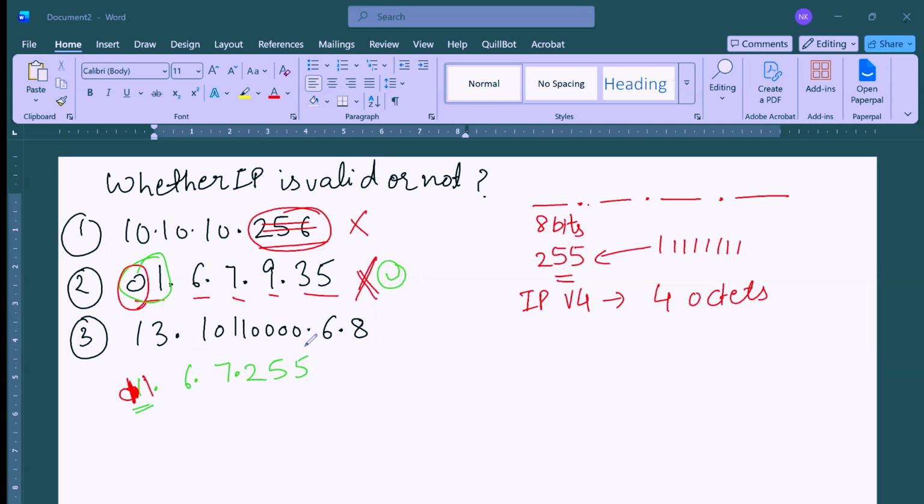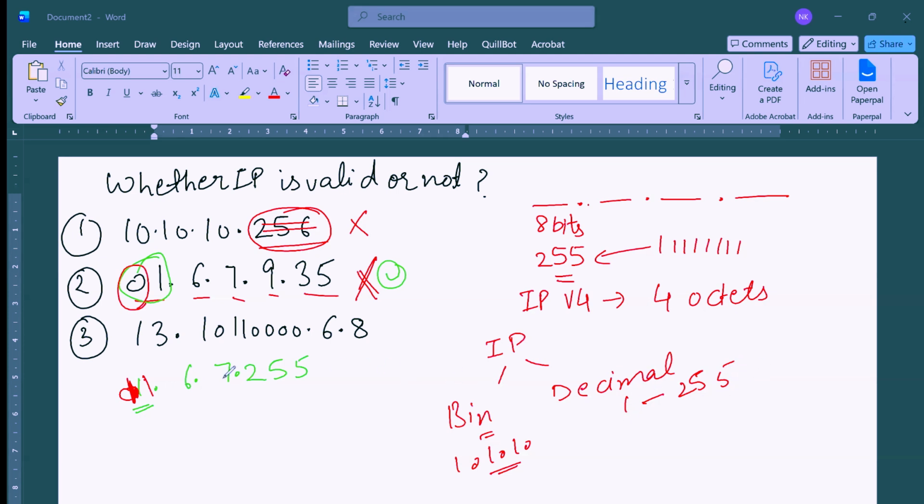Now let's go forward. An IP address can be represented either in binary form or in decimal form. By binary, I hope you understand we are talking about representing the IP address in the form of ones and zeros. And by decimal, we mean representing the IPs as values from 1 to 255, or some other value.